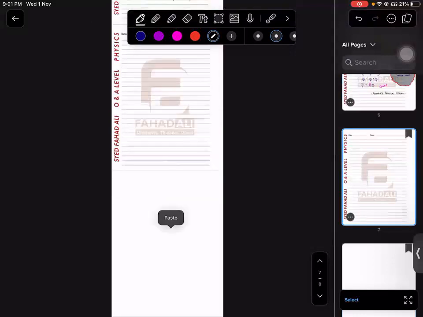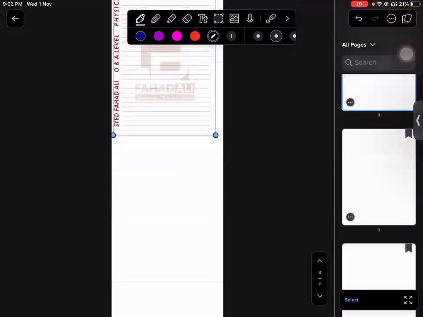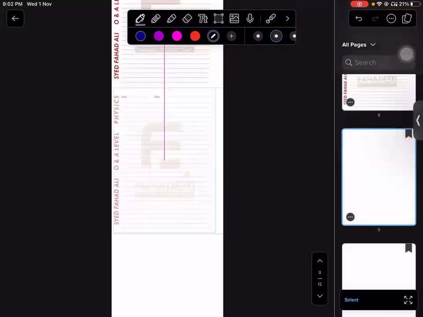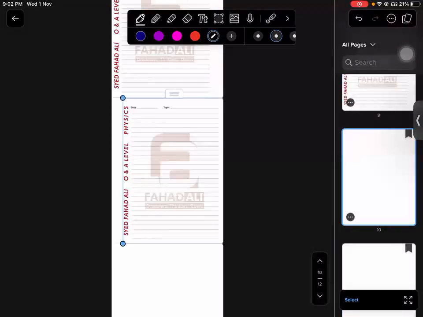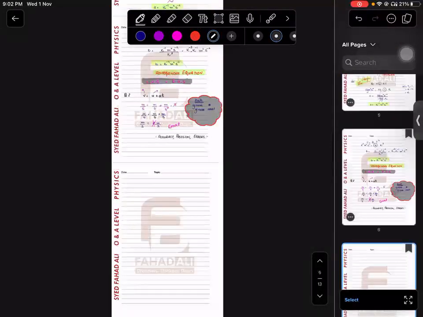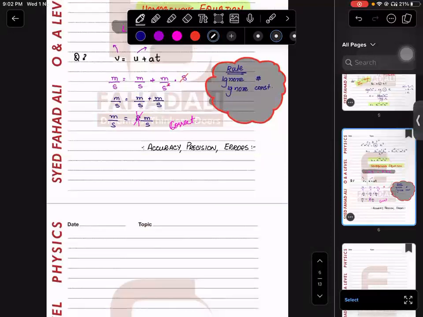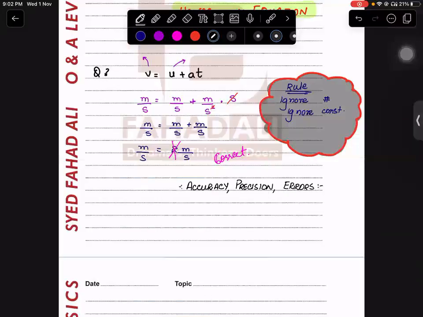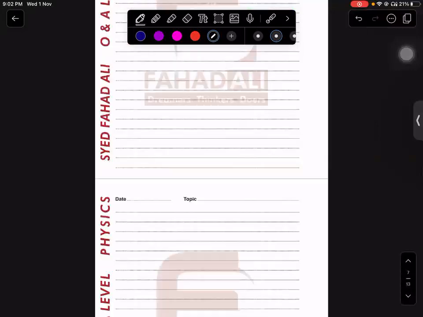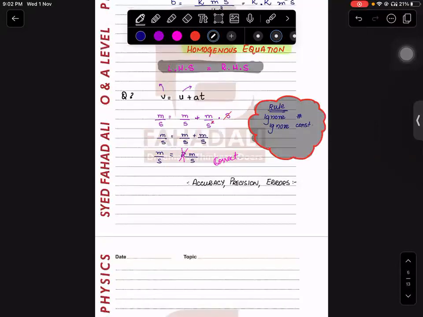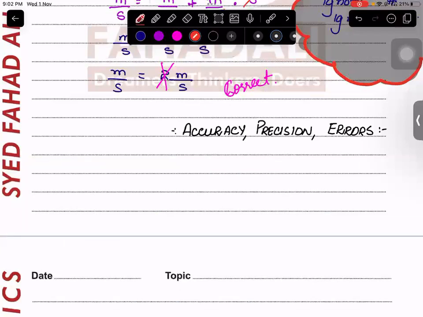The mistakes can be by me, I mean by the person who is performing the experiment, or by using incorrect apparatus. Wait a second, dear. Again, I'm asking you, am I going too fast? Please do let me know. No, sir. It's clear. Aiza, and my voice is clear, right? Yes.